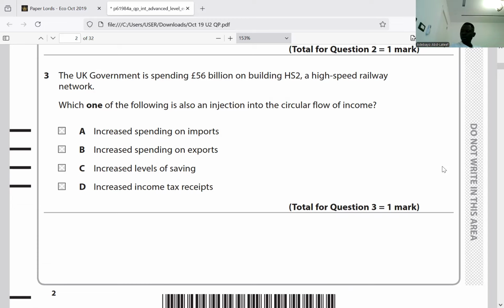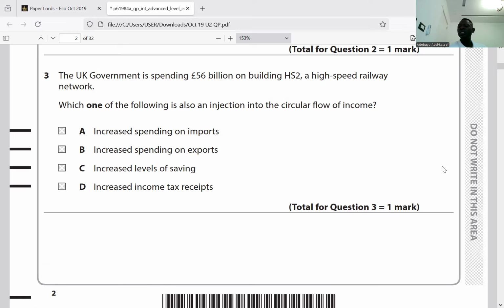Okay, so option A, increased spending on imports. Is that injection or withdrawals? Well, these injections are investment, government spending, and exports. That's injection. But it could be withdrawals too, because if they reduce, that's withdrawal. So let's take it one at a time. Increased spending on imports. That's withdrawals.